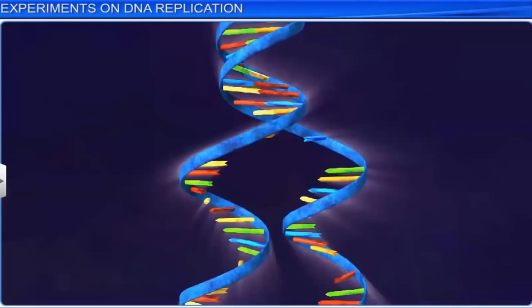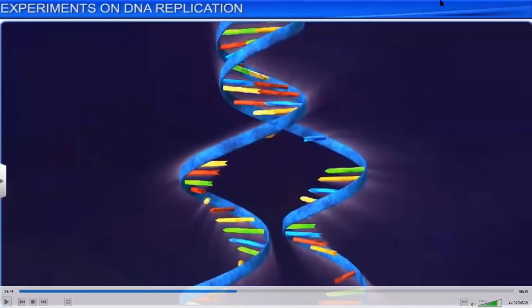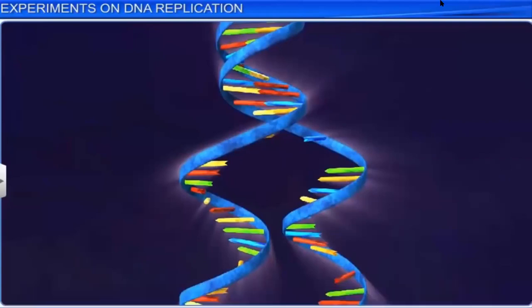So how it is packaged, in a very simple sentence, in 2-3 lines I am concluding it, so that it becomes easy for you to review. How the DNA is packed.